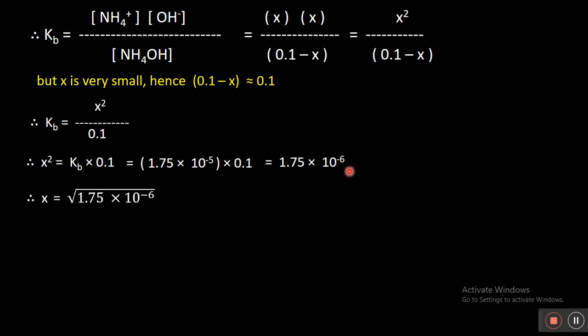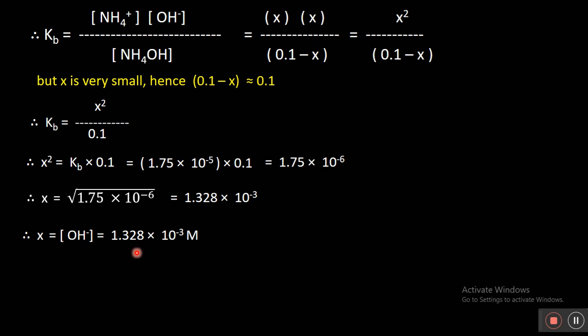Take the square root of this term: X square equals this much, so X is equal to the square root of this, and it will be 1.328 into 10 raised to minus 3. This X is nothing but the concentration of OH minus ion, which is equal to 1.328 into 10 raised to minus 3 molar.